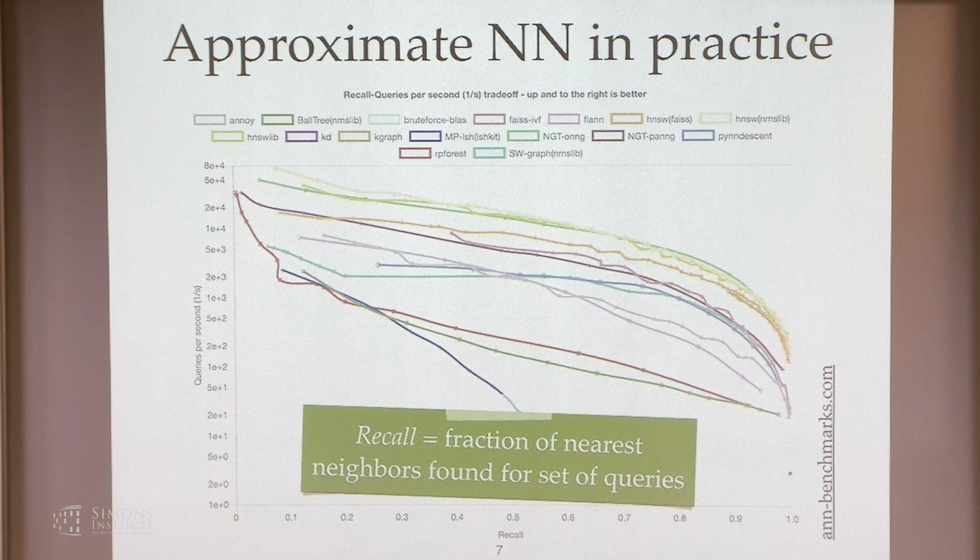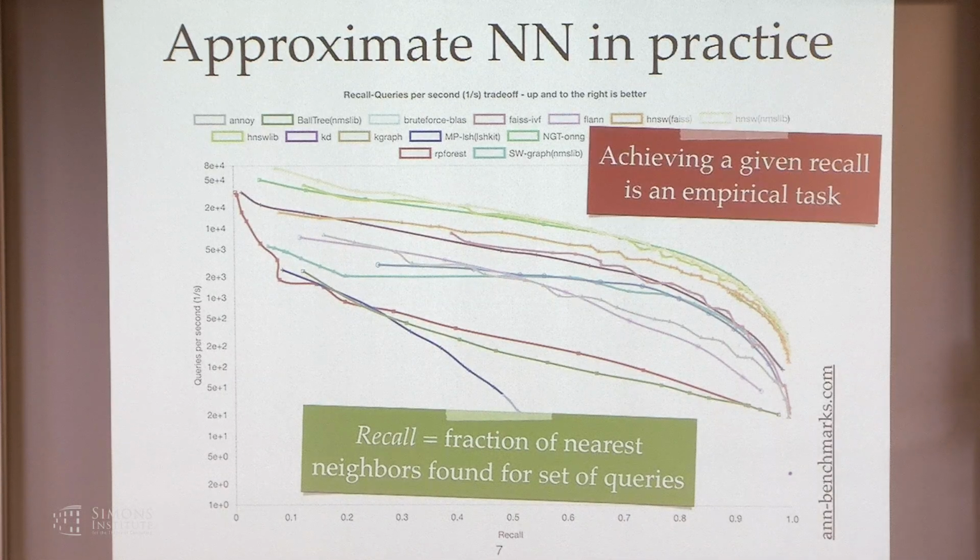None of these methods has a guarantee, except maybe if you want to get everything exact, so if you want to be here or here, something like this. Otherwise, all of these points are really just empirical. There is no real guarantee that you are going to achieve this kind of recall on a new data set.